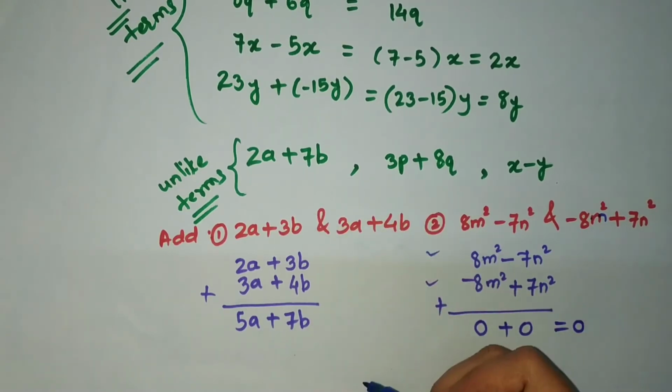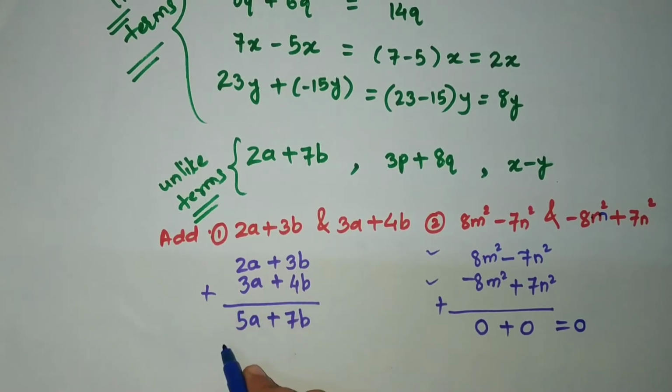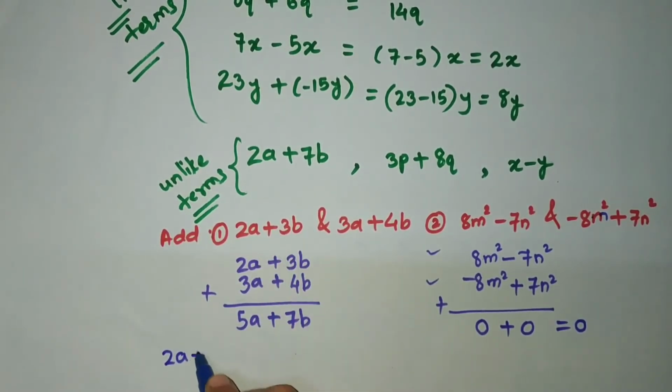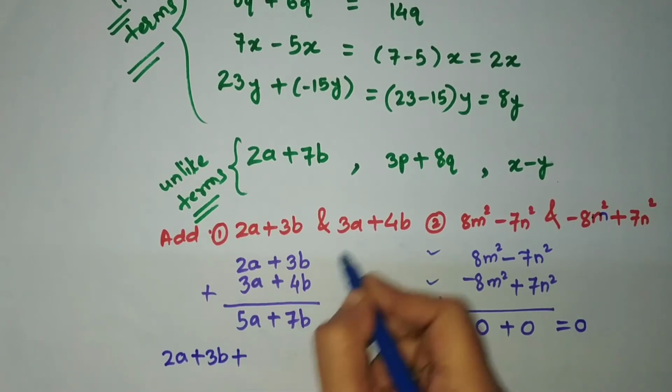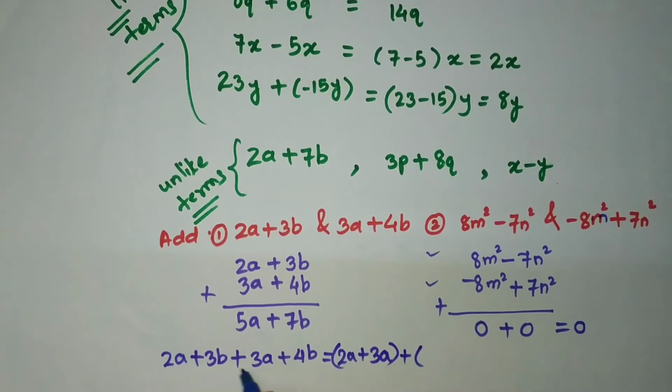Here we have added them in a vertical column. If you want, you can add them in a horizontal way. Like here you can see 2a plus 3b. You need to add with 3a plus 4b. So friends, here you can go for it. 2a having a partner with 3a. So you can write 2a plus 3a in one bracket. Plus you can go for the 3b plus 4b in another bracket.